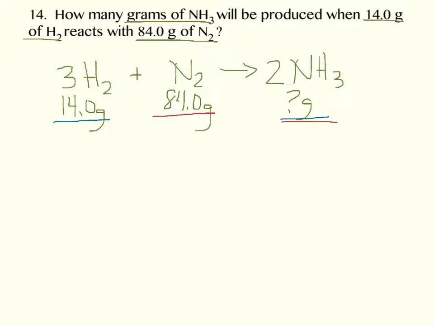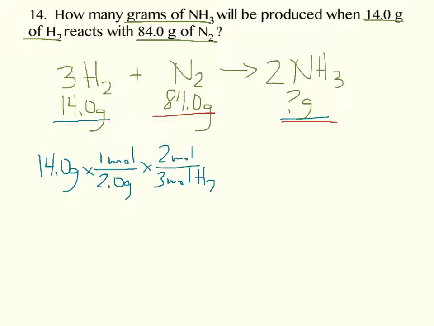So for hydrogen, starting with the 14.0 grams, and hydrogen, since there's 2 of them, weighs 2.0 grams for every 1 mole. The mole-to-mole ratio is 3 moles of hydrogen for every 2 moles of ammonia.